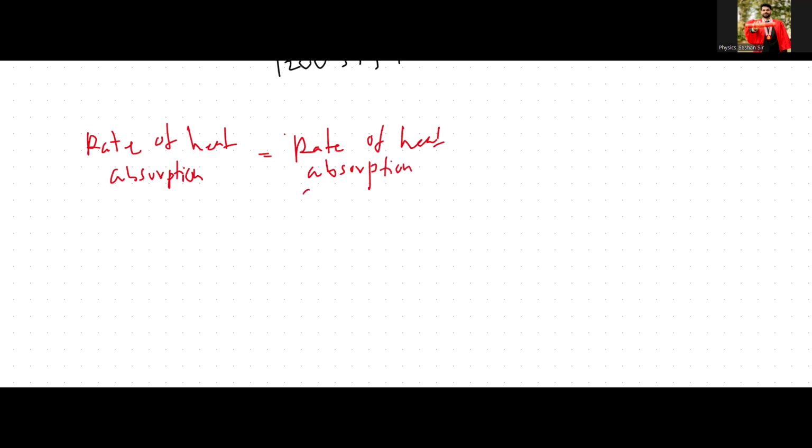This is for the previous case, previous meaning when there is a change in temperature. This is for the fusion.